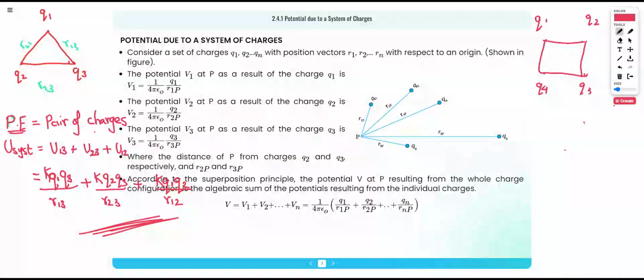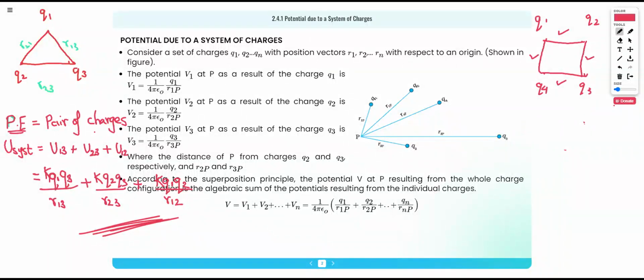Here how many pairs? Four pairs. One, two, three, four.